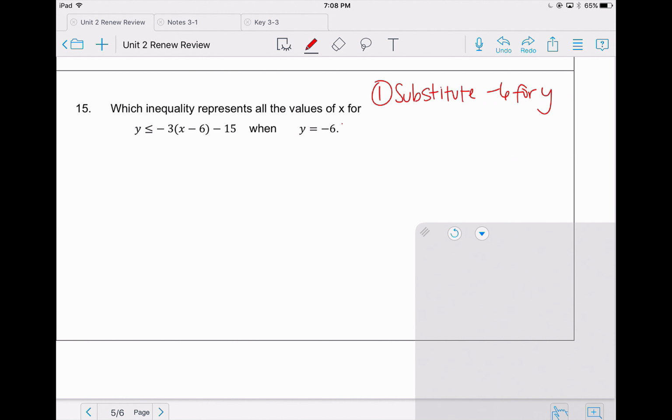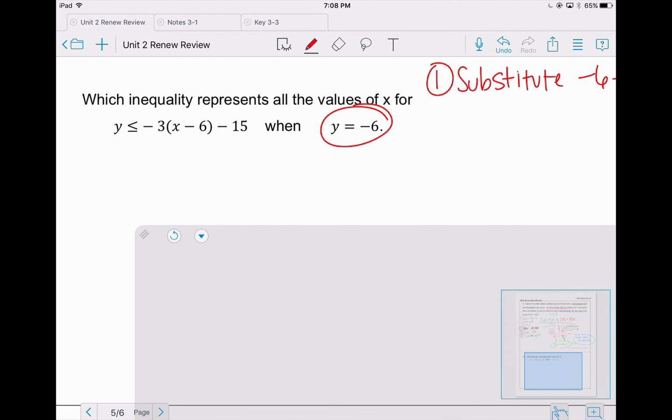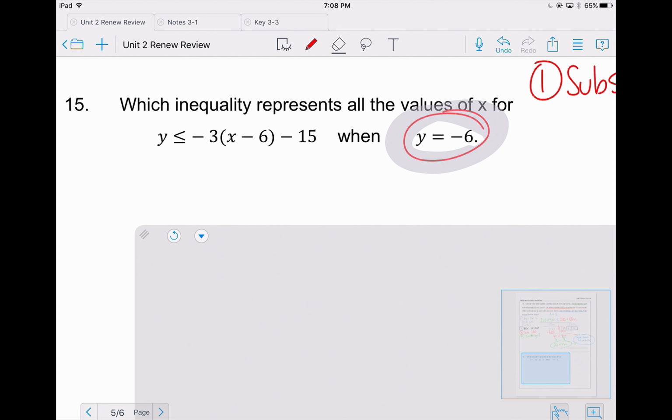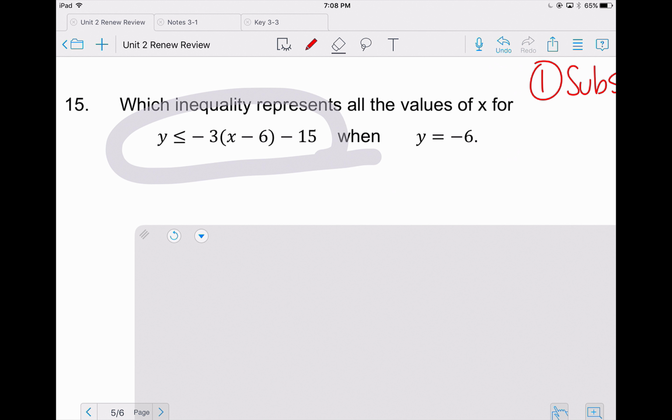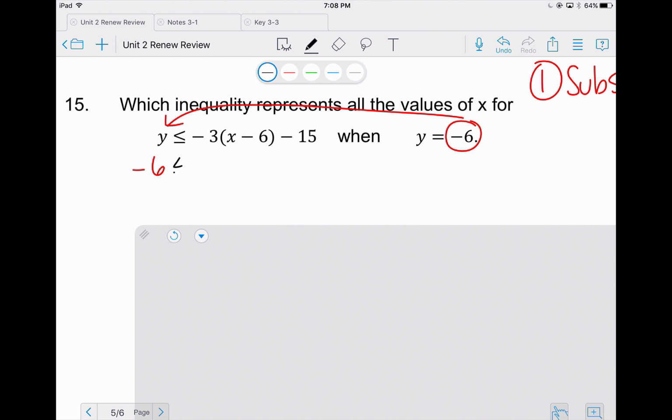Because y and -6 are equal, and over here in my inequality I have two letters, an x and a y, and I want to get rid of that. So I'm going to replace y with -6 and leave everything else the same for my first step.